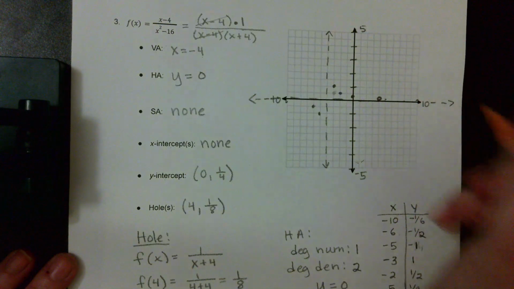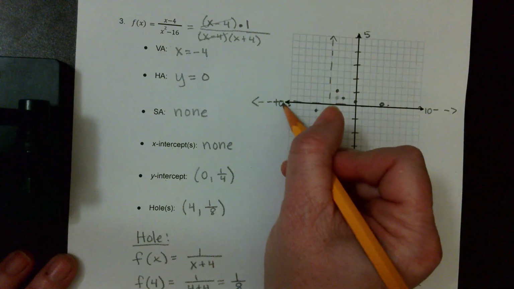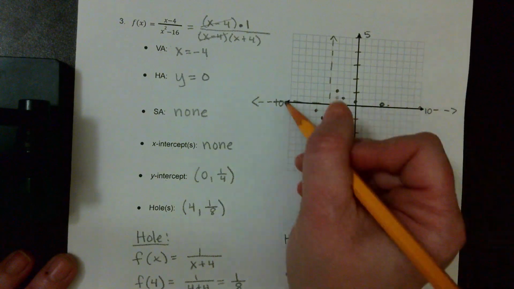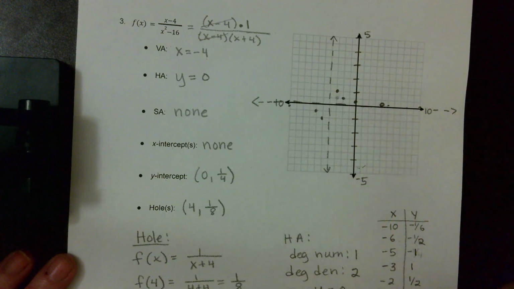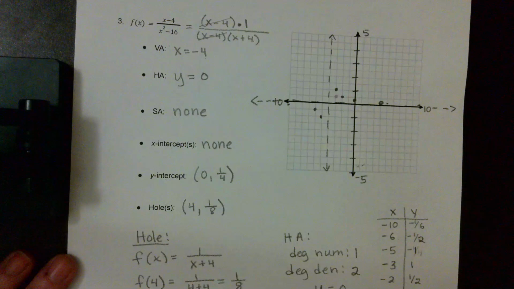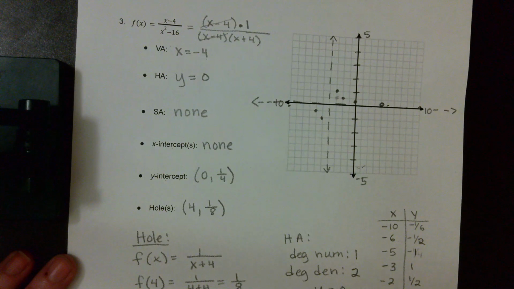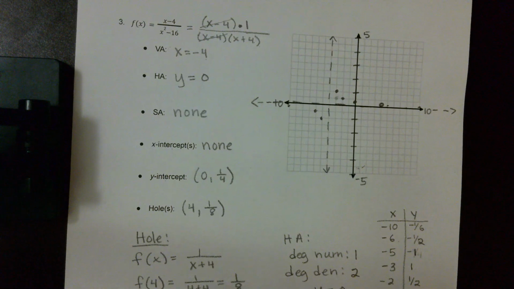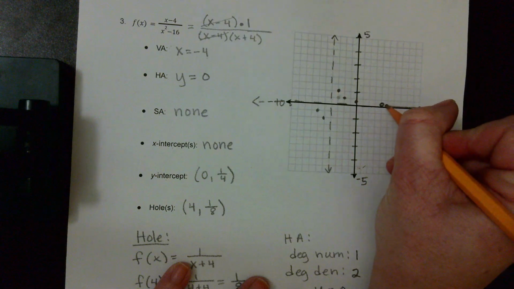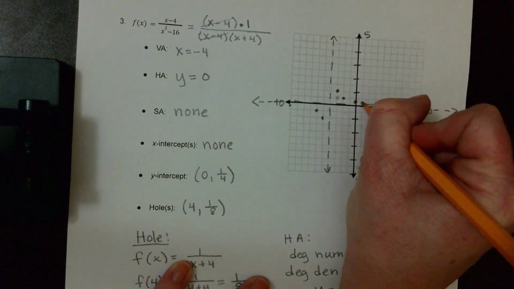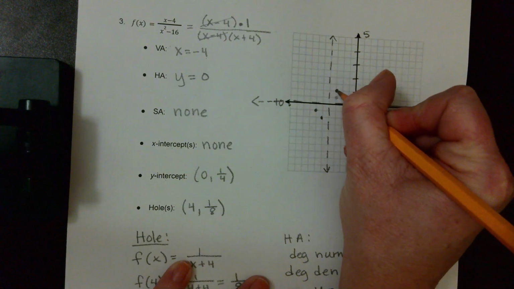Okay, so this is kind of good evidence. I can see that my points on the left and right end are getting closer and closer to 0, which makes sense for my horizontal asymptote. And then you could do the math to see what's happening on either side of the vertical asymptote, but I think you'll notice that if you connect these points, they're going up.